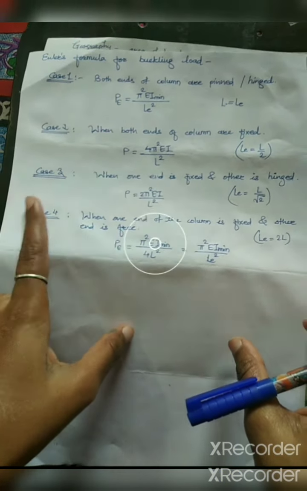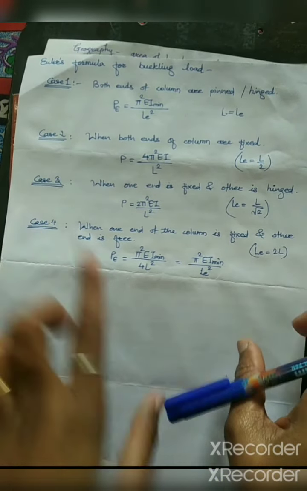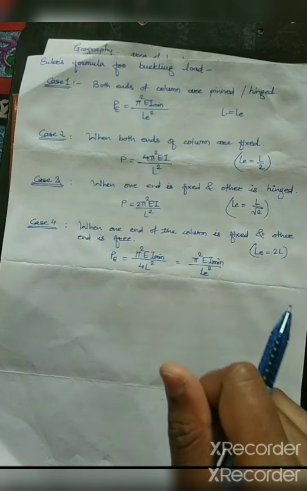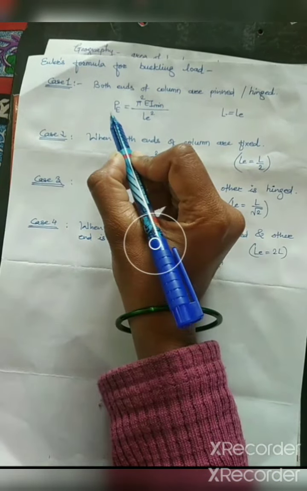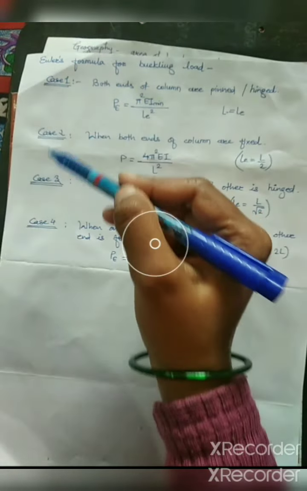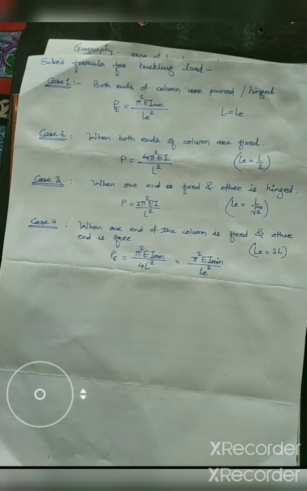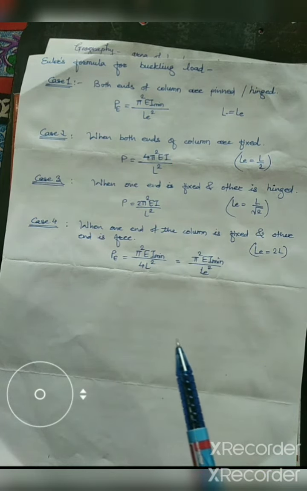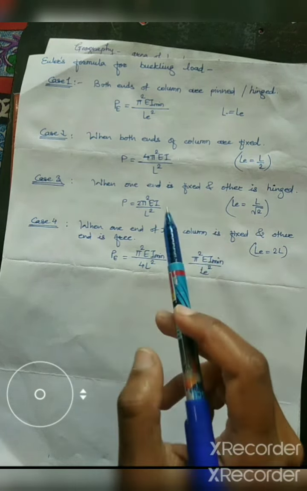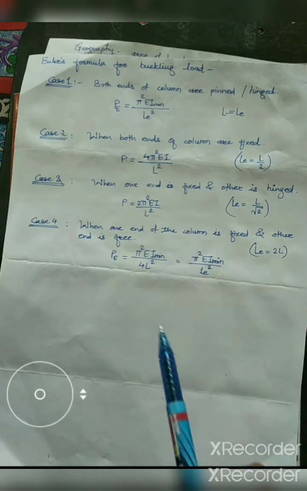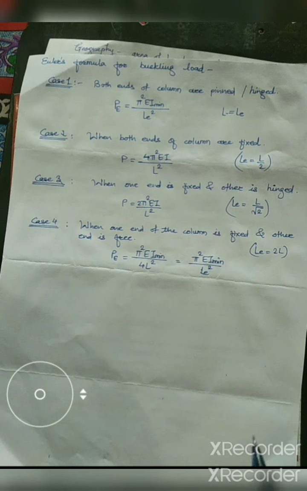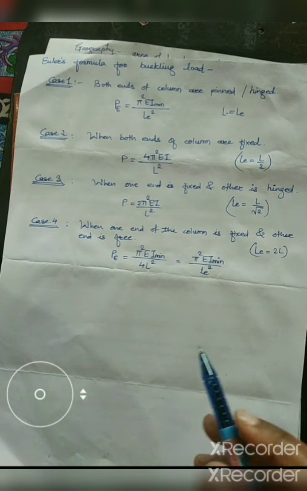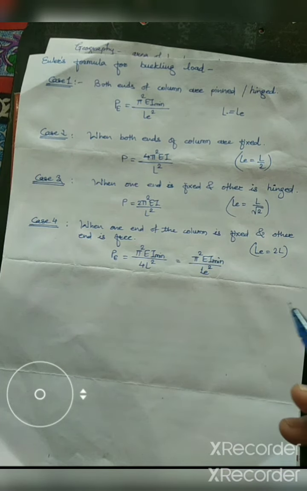By using these assumptions, he derived the formulae to calculate the critical load, which you can denote as PE, for different end conditions of the column. There are 4 end conditions of the column. Instead of deriving, I have directly mentioned the derived formulae which are useful to solve problems, because in your exam there might not be chances to ask the derivations.